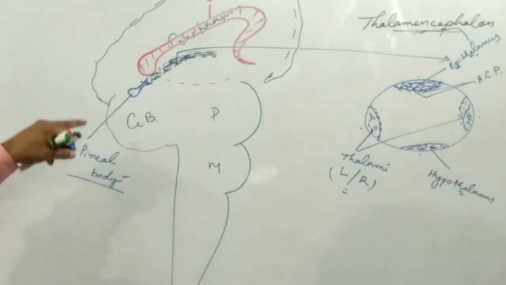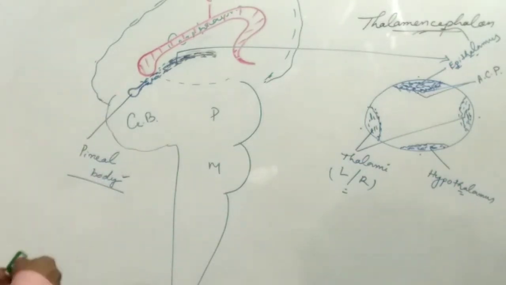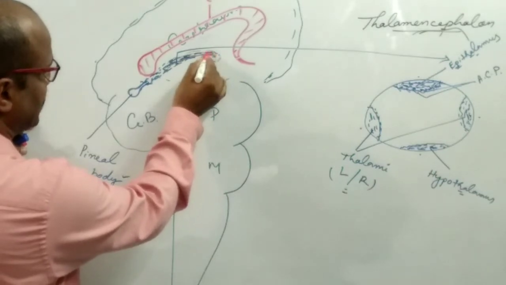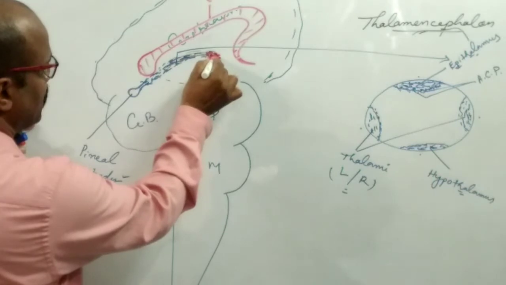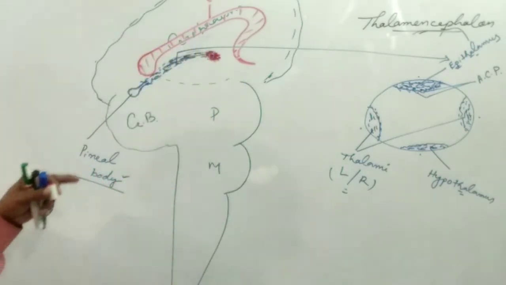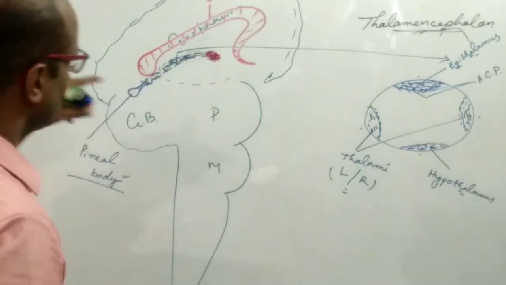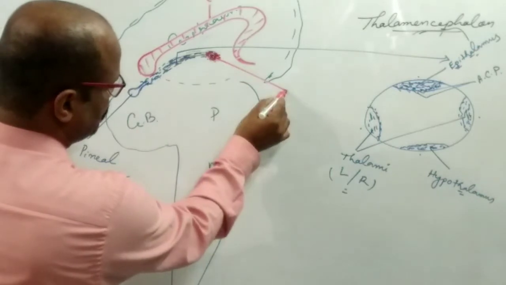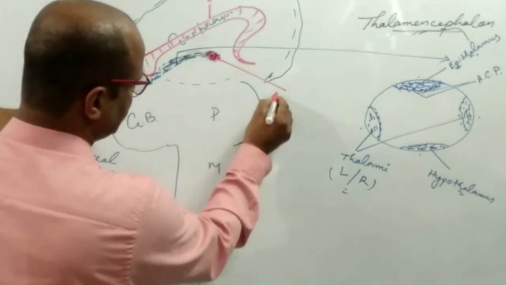In the anterior portion of the epithalamus there are also nuclei. As I told you, nuclei are clusters of cell bodies. Another nuclei present is known as the habenular nuclei.